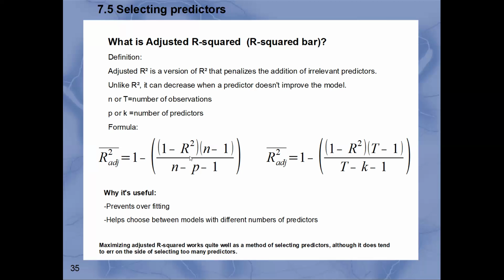You'll either see it written in terms of N and P or T and K, where T is the number of observations and K is the number of predictors.